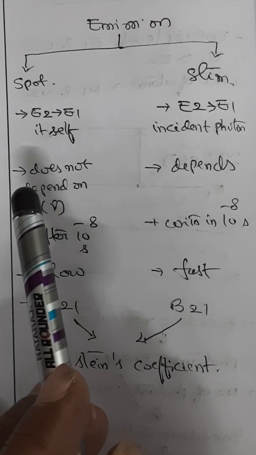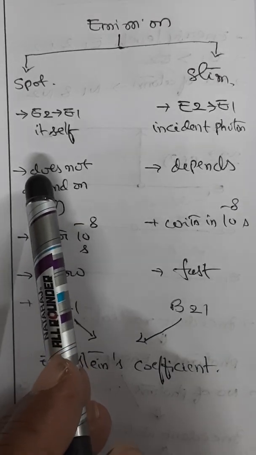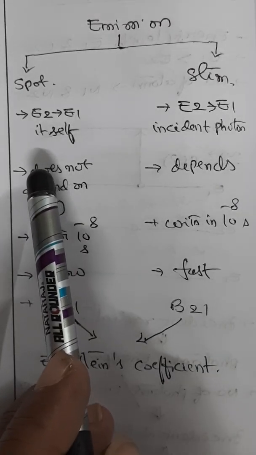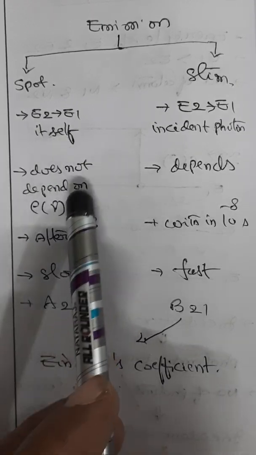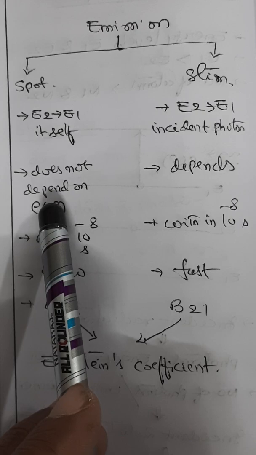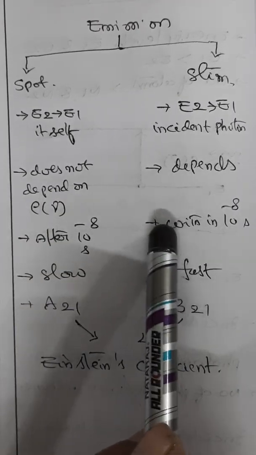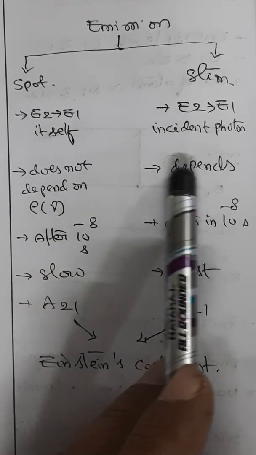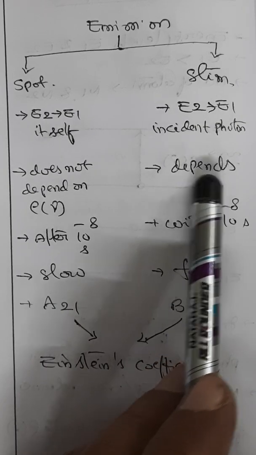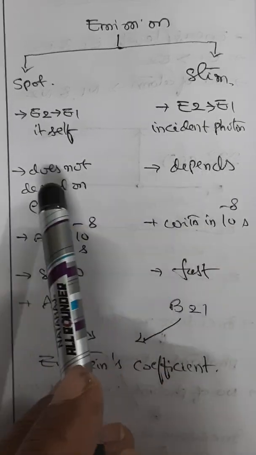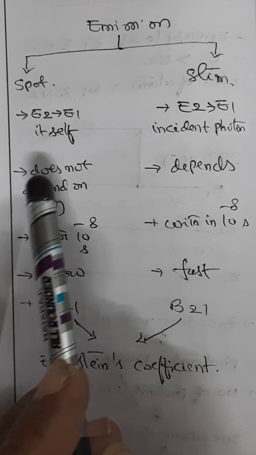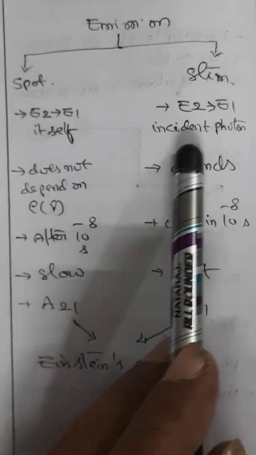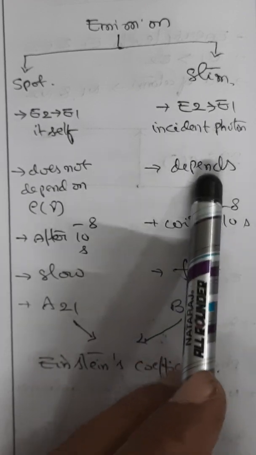For the second difference, spontaneous emission is independent of the incident radiation density. It does not depend on the radiation density rho nu. Whereas stimulated emission depends on the incident radiation density. That is the second difference.